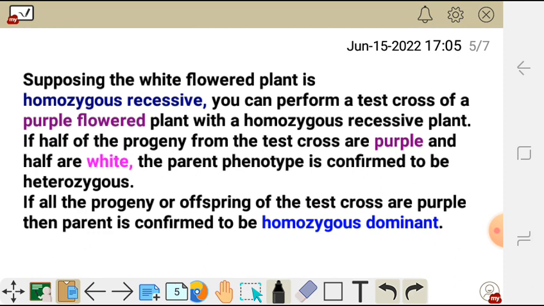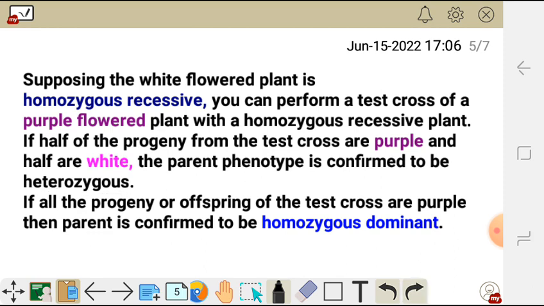If half of the progeny, which is the offspring, produced between the homozygous recessive and the unknown purple flowered plant are purple and the other half are white, then the genotype of the unknown parent is heterozygous.